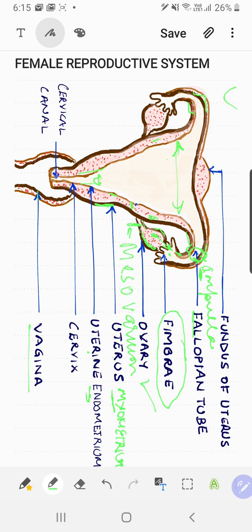Now vagina is known as the external genital or external copulatory organ. The way males have a penis, which can be seen from outside, similarly the females have a vagina. Rather, you call it the vulva. The whole word is vulva.